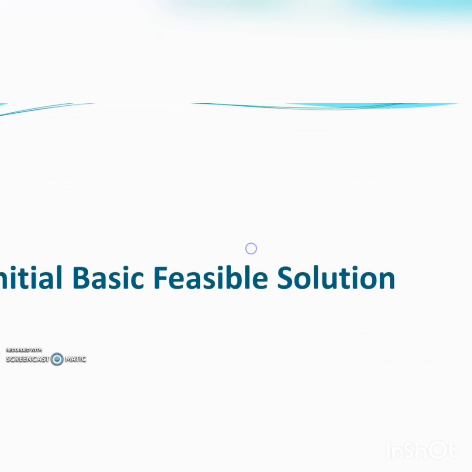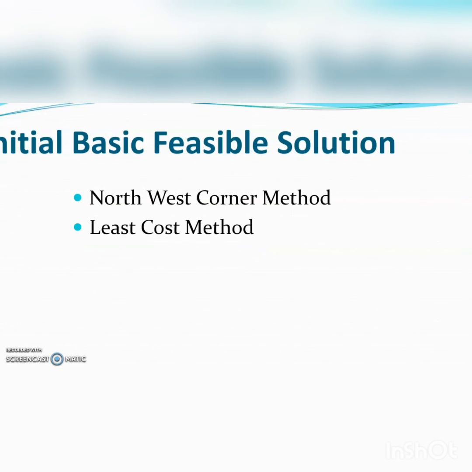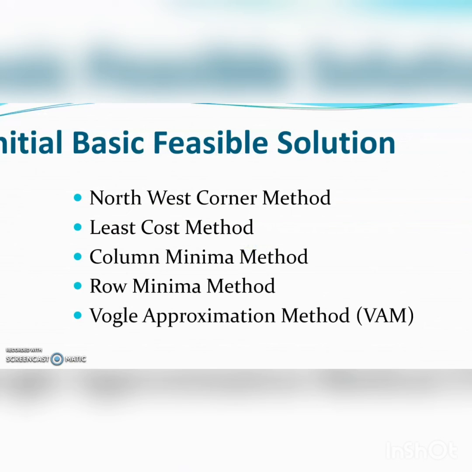To find the initial basic feasible solution, there are many methods. Among those methods, we will discuss 5 methods in detail: the Northwest Corner method, least cost method, column minima method, row minima method, and Vogel approximation method.